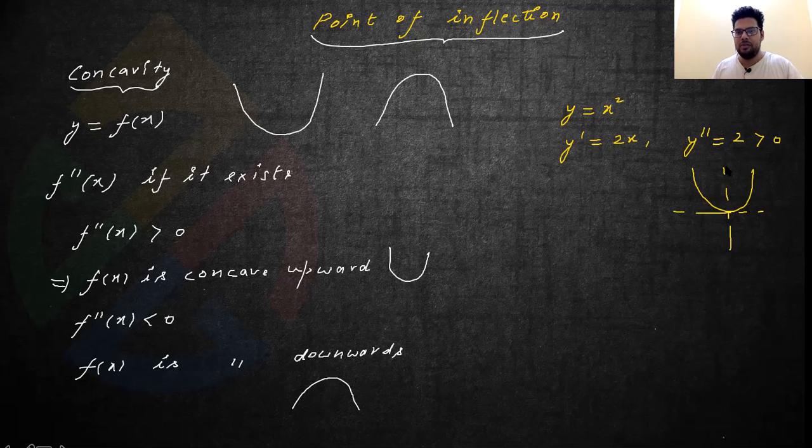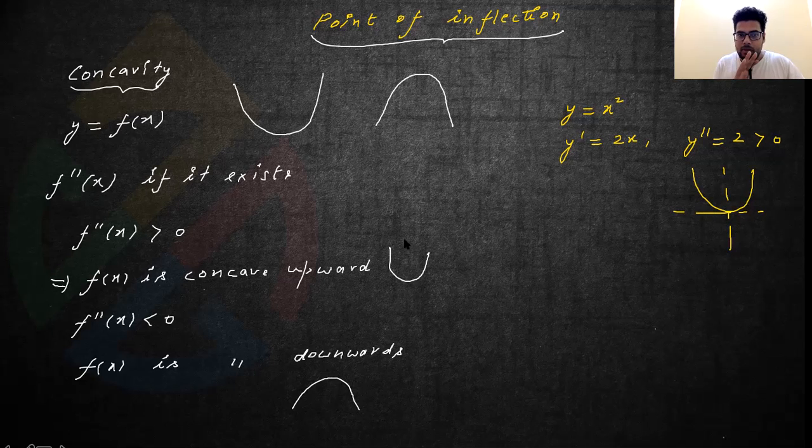This is concave upward. So always remember, if you forget this, when you have the curve concave upward or downward, the sign of the double derivative, you remember this y equal to x square. We know the graph of y equal to x square, the double derivative is positive. So you can remember this with this simple example, right?